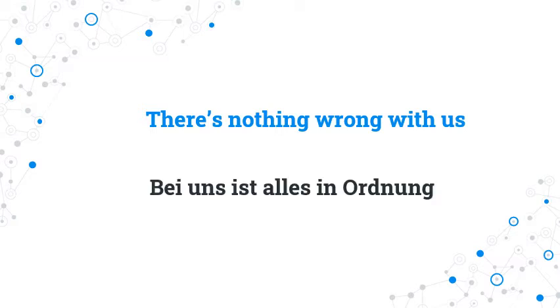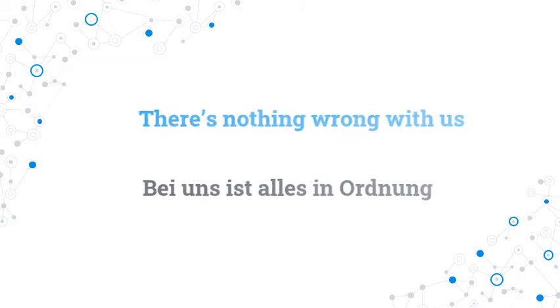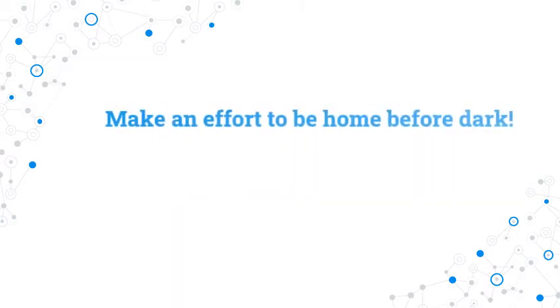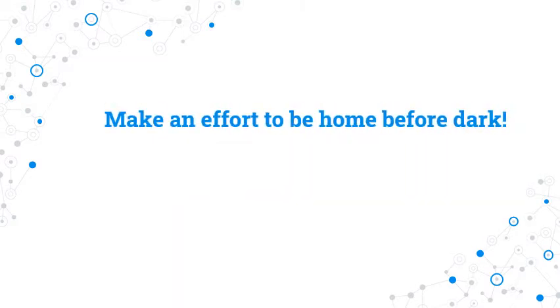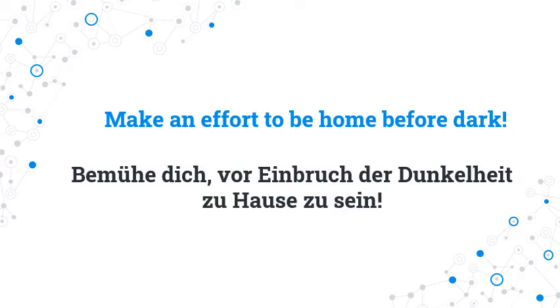Bei uns ist alles in Ordnung. How do you say, "Make an effort to be home before dark," in German? Bemühe dich, vor Einbruch der Dunkelheit zu Hause zu sein.